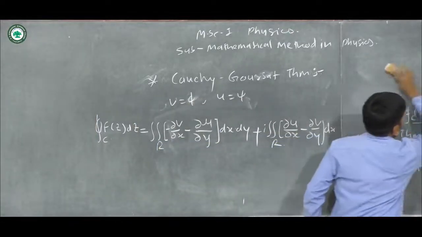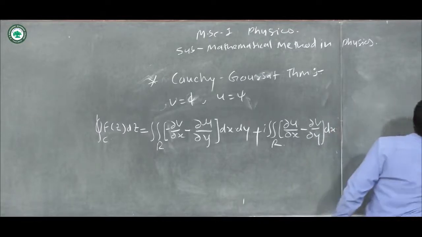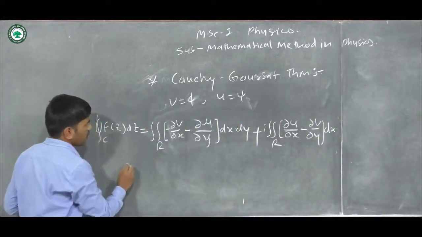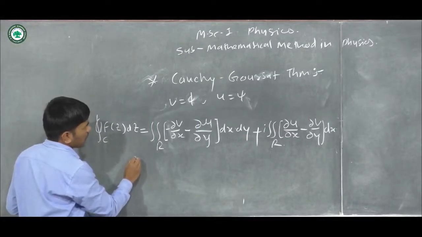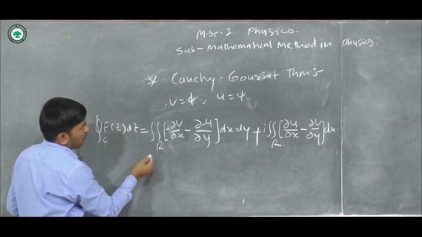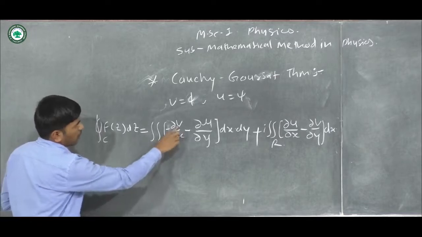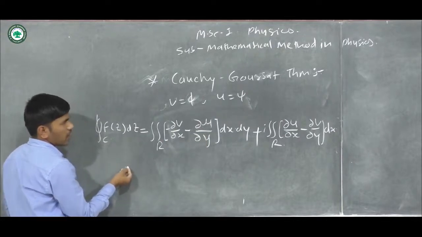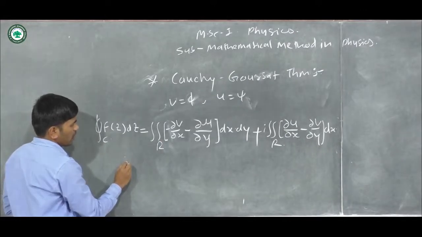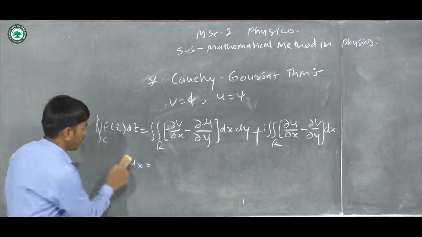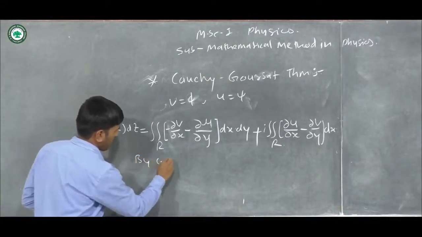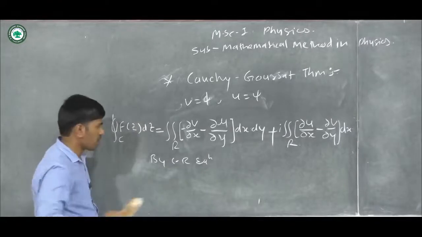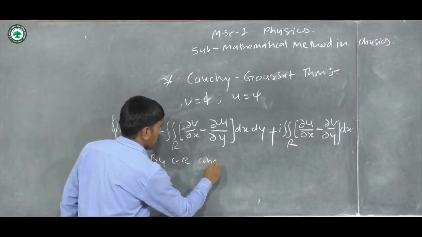Now if u and v satisfy the differentiability condition, by the CR equations, that is the Cauchy-Riemann conditions, we can write two conditions: u_x = v_y and v_x = −u_y.